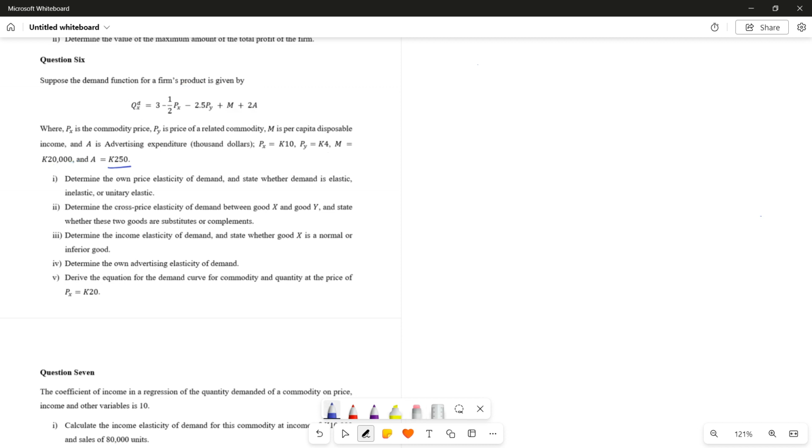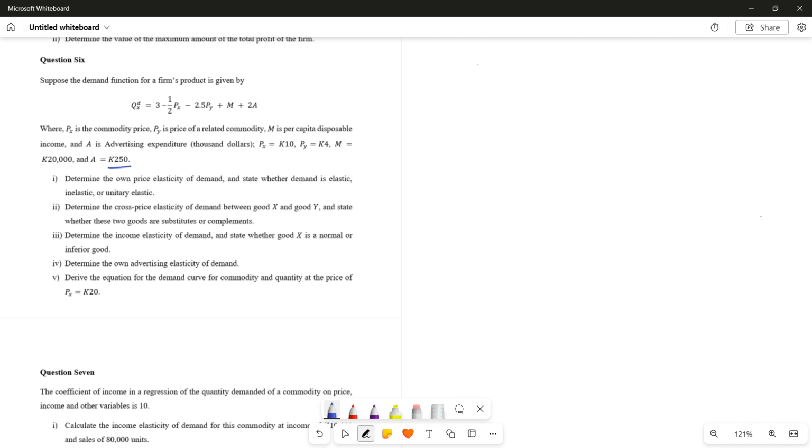Determine the own price elasticity of demand and state whether the demand is elastic, inelastic, or unitary elastic. Now listen to this. With elasticity, we just want to know how a change in a commodity price will affect the demand for that particular commodity.